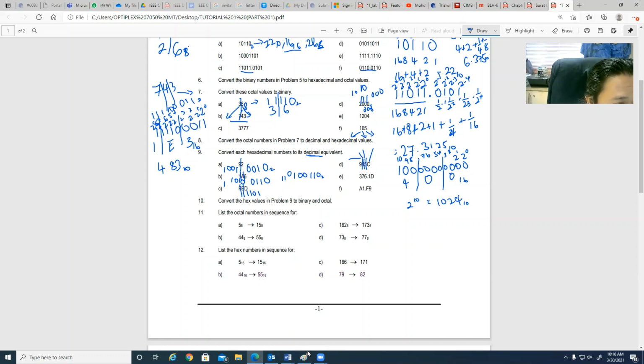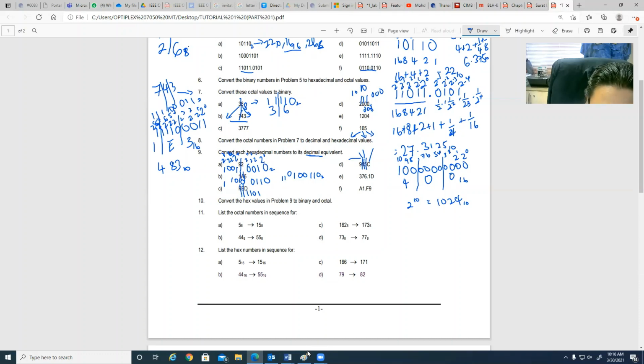Then you can convert into decimal: 2 power of 0, power of 1, power of 2, power of 3, power of 4, power of 5, power of 6, and power of 7. So you can total it out.